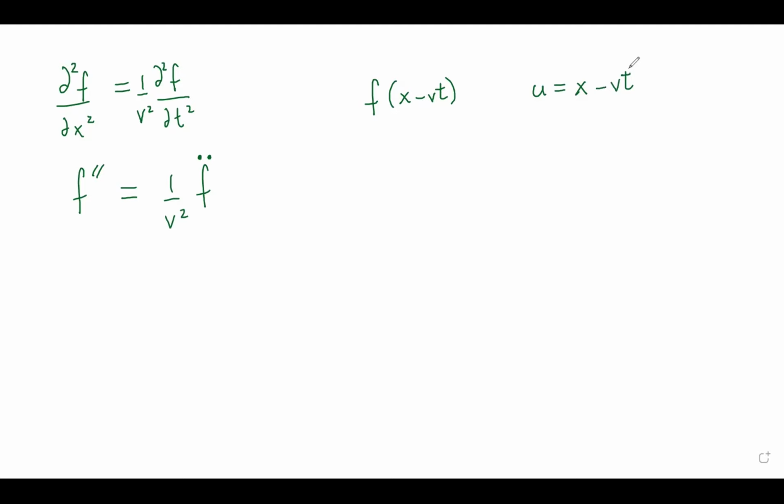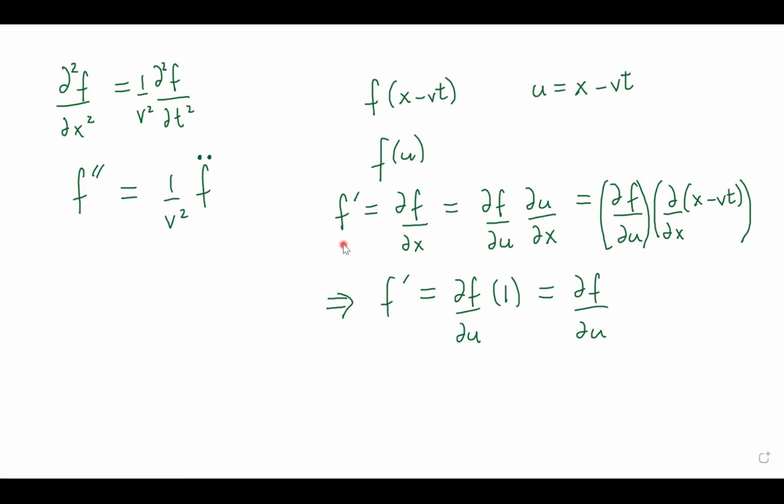We first define a new variable u equal to x minus vt. Then our function is simply f of u. We now calculate the various derivatives. If we calculate f prime, that is the derivative of f with respect to position, we can apply the chain rule and rewrite that as the derivative of f with respect to u times the derivative of u with respect to x.